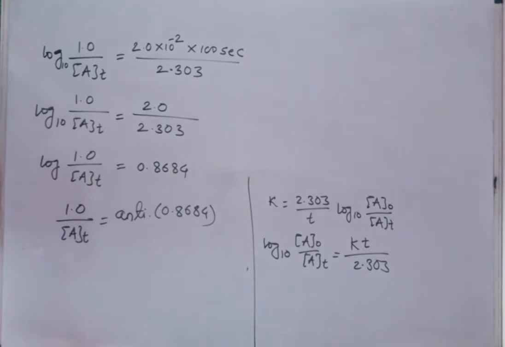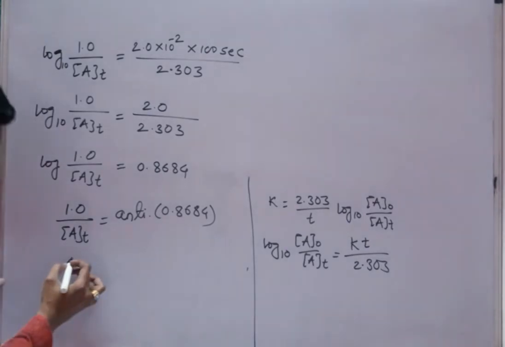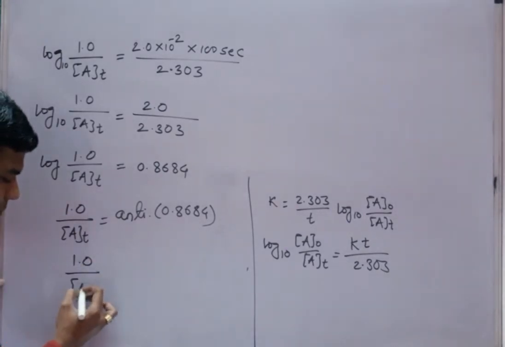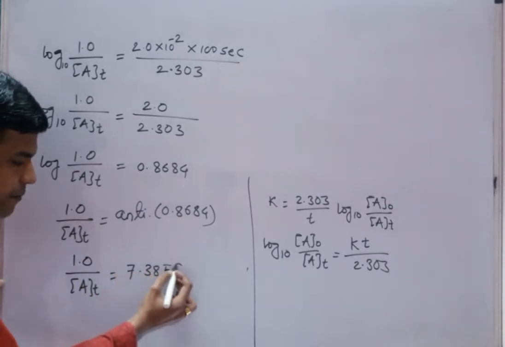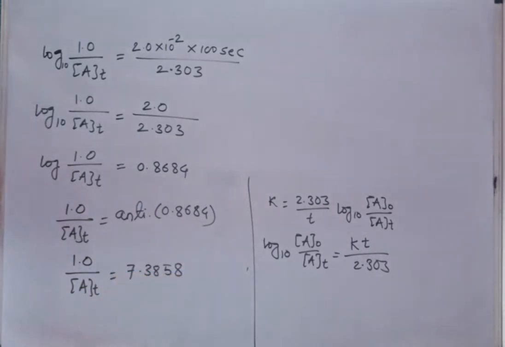Now take antilog of this, you will get 7.3858. So 1.0 upon A t is 7.3858. So what will be the value of A t here?